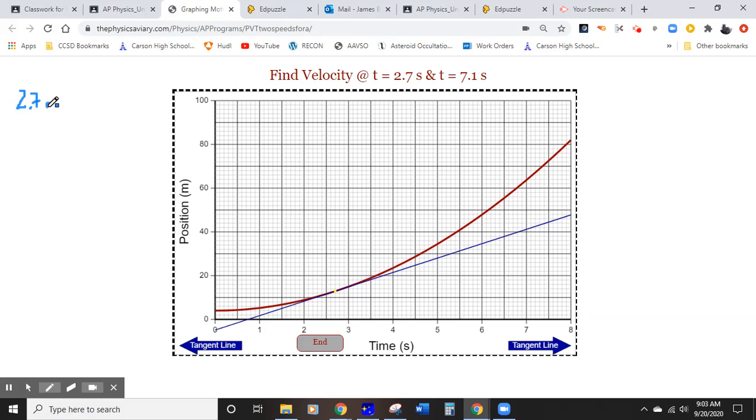So for this point, the X coordinate looks like it's maybe 0.8. So we'll say 0.8 here, right? And the Y coordinate is going to be 0. So let's put a comma here, 0. That's the first point.